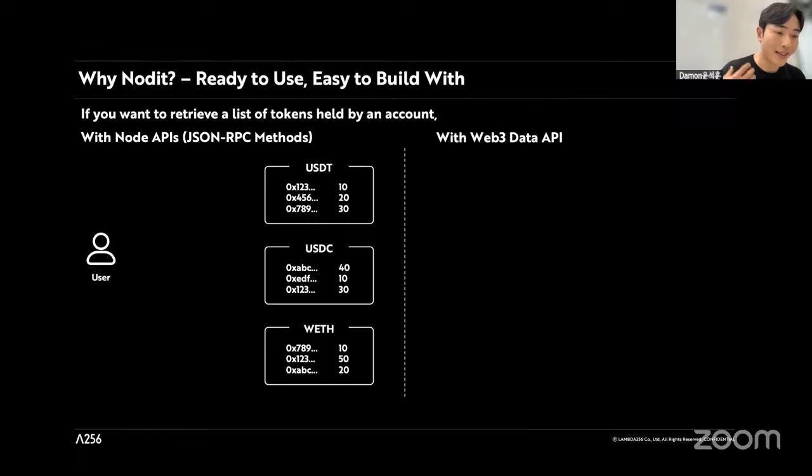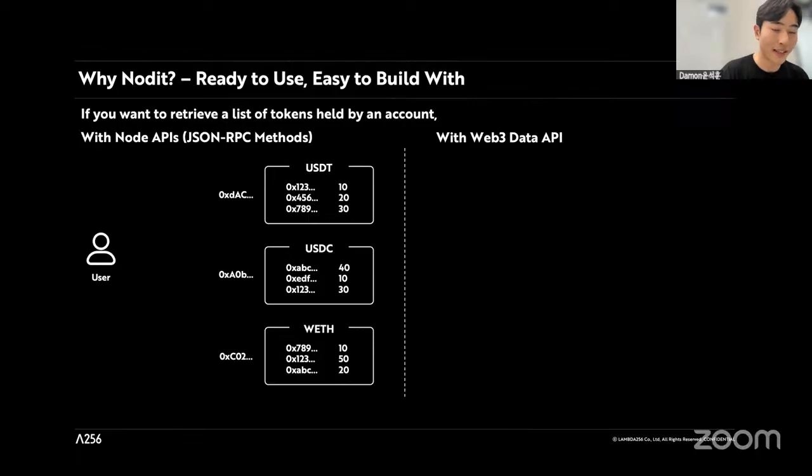Let's say you are trying to retrieve a list of tokens held by an account with Node API JSON-RPC methods on Ethereum mainnet. Then you have to find all the contract addresses of the user, but it's kind of impossible because there are no methods to retrieve this kind of data.